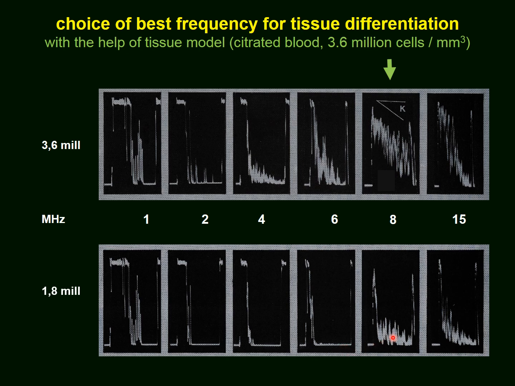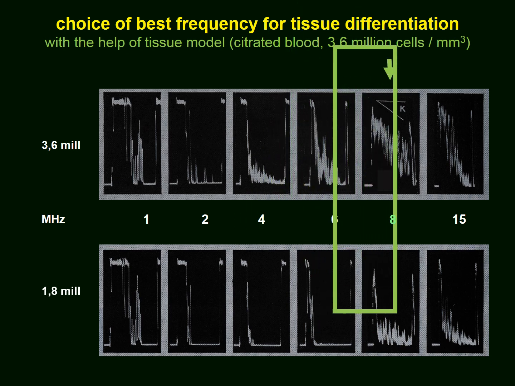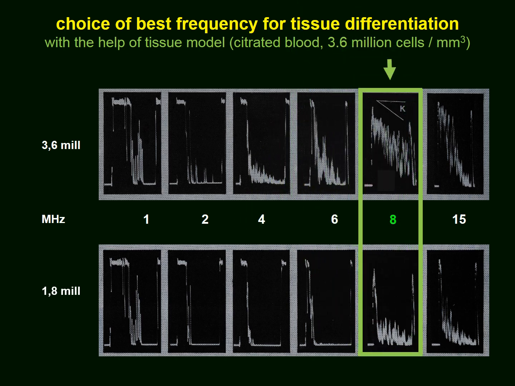Only at 8 and 50 megahertz we got noticeable signals. Again, here at 50 megahertz the sound absorption was too great, so we decided to stick with 8 megahertz as the main frequency in standardized scan for the differentiation of ocular and orbital tissues.